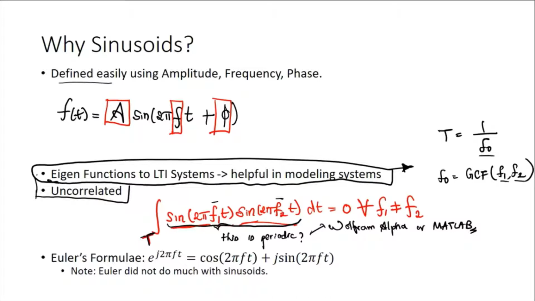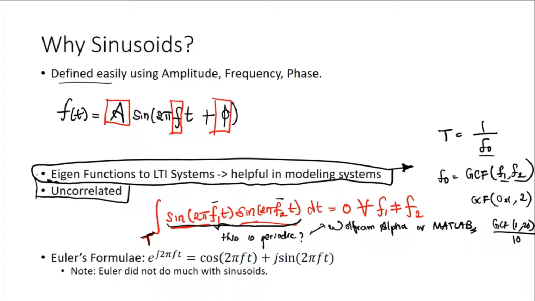So say f1 is 0.1 and f2 is 2. Find the greatest common factor of 0.1 and 2. You need both of them to be integers first, so you multiply both by 10 and then divide by 10. So that's the greatest common factor of 1 comma 20, divided by 10.